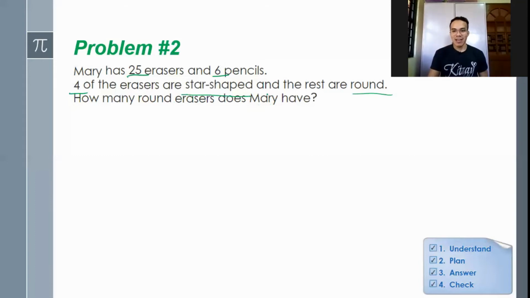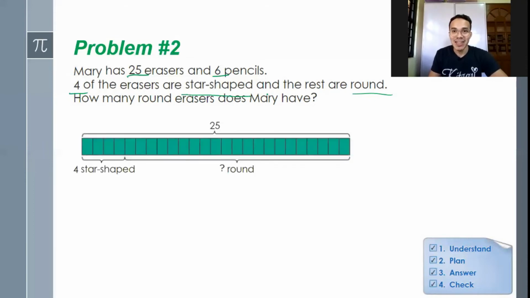Okay, so let's have our model. In this case, it's still appropriate to use part-whole model. So I have here 1, 2, 3, 4 star-shaped, and the rest are round-shaped erasers. And take note also that we have here a total of 25 erasers.